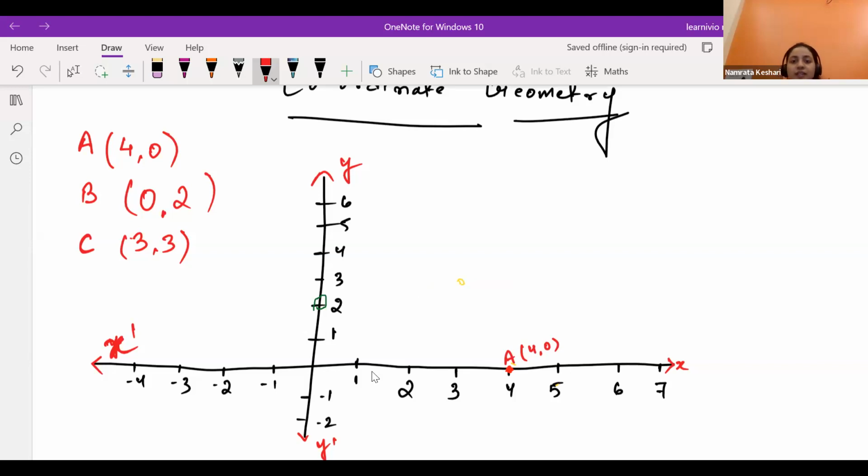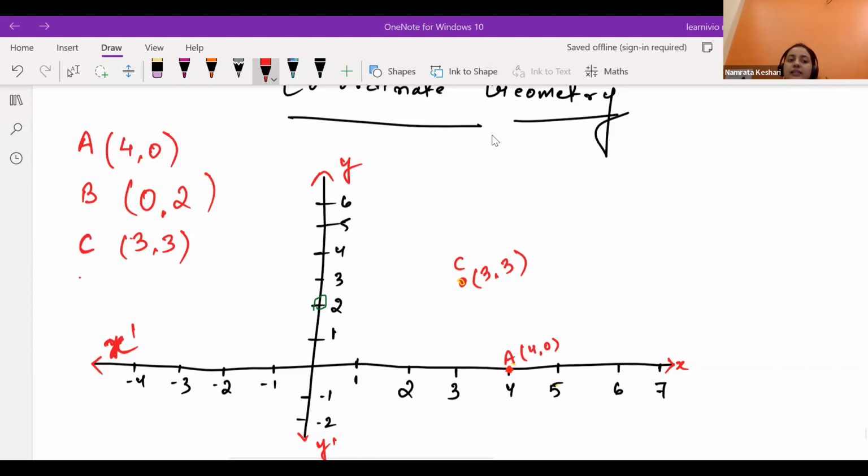Perfect. She has already located it over here. Of course 3, 3. And now it's your turn, Farhan. Let me check he is even there or not. Yes, you are there.